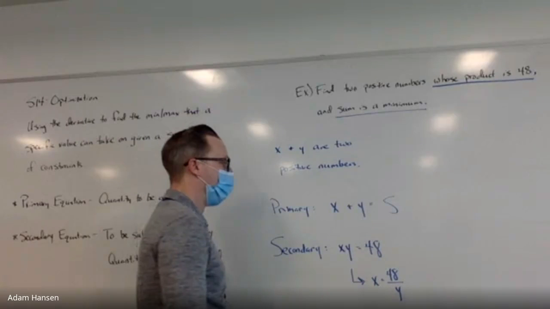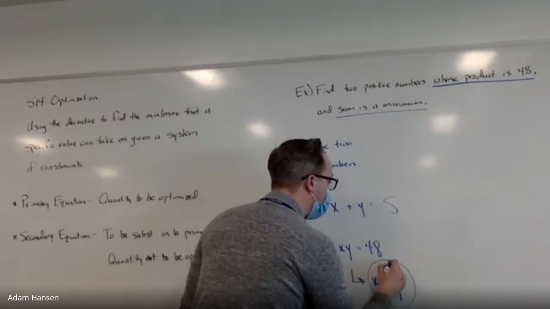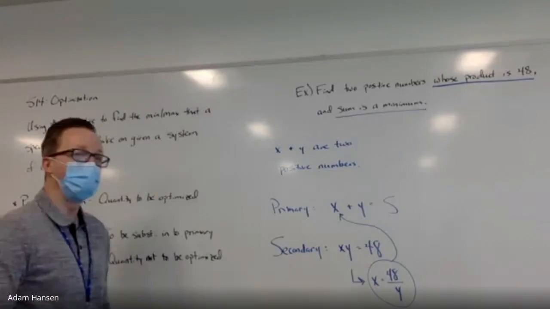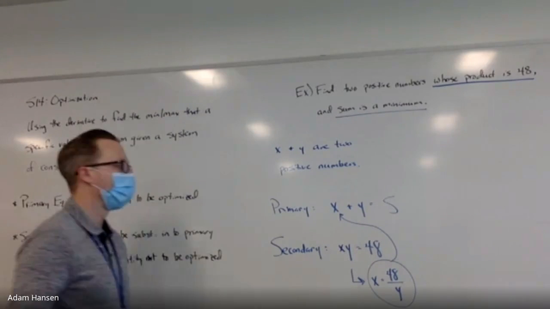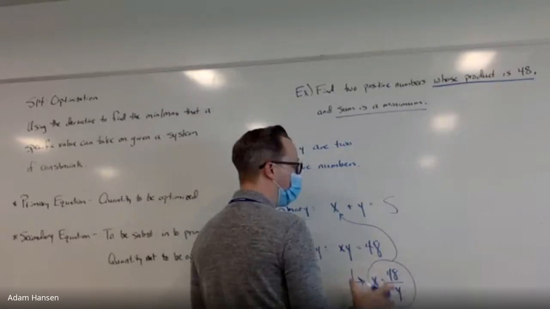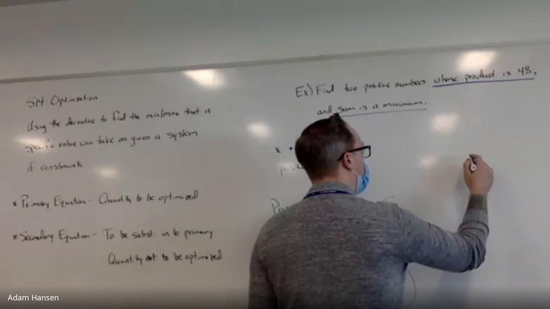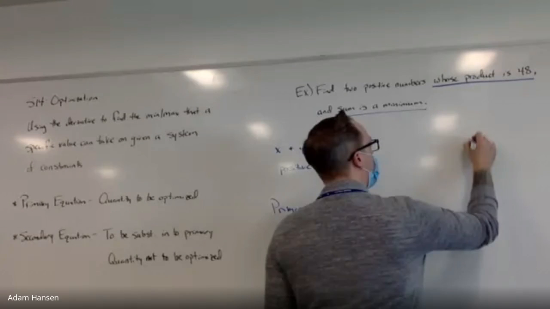So x equals 48 divided by y. I can substitute that into the primary equation to put it in terms of only one variable. I'm sorry, substitute for x to put it in terms of y.